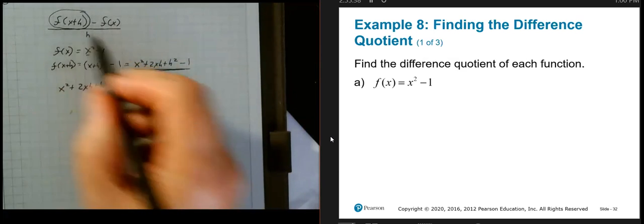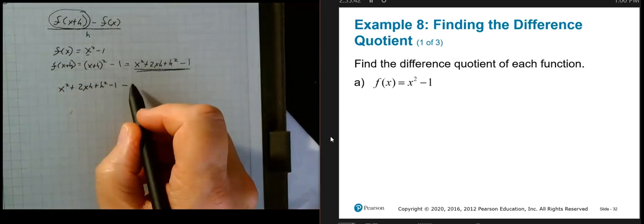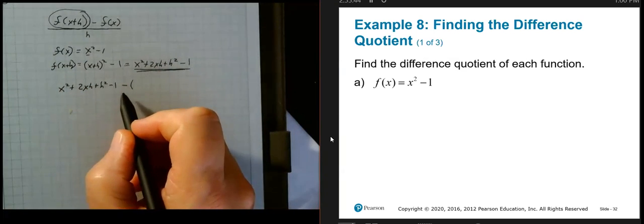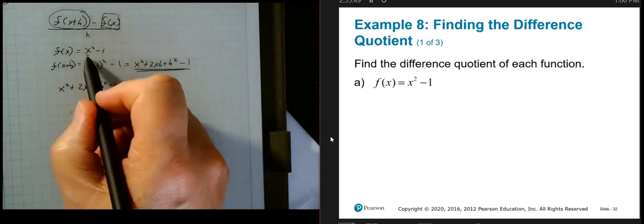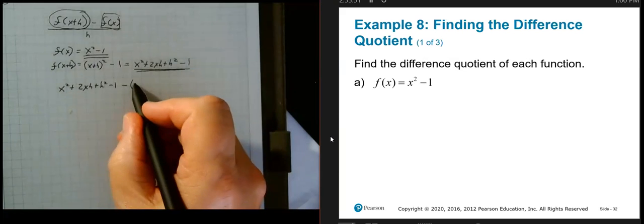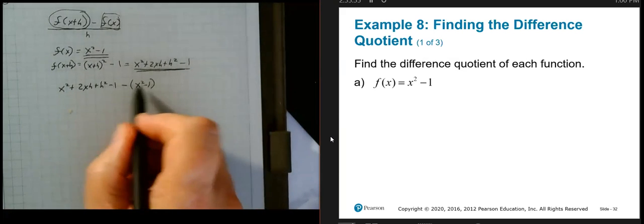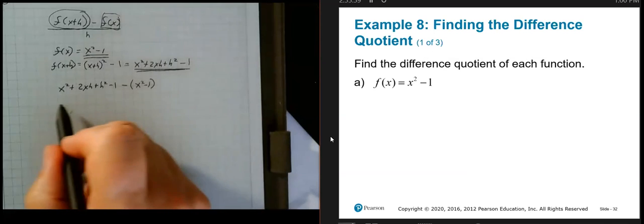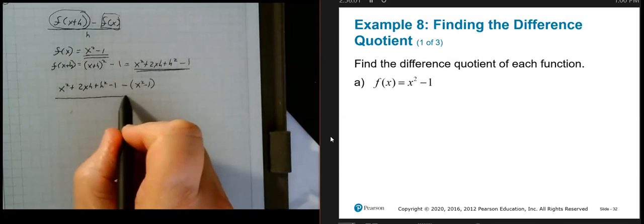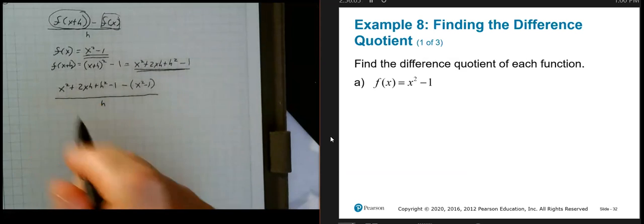All right, that's f of x plus h minus f of x. Well, I'm subtracting the entire function, so the entire function needs to be inside parentheses because I'm subtracting everything here. I'm subtracting the x squared and the minus 1. And once I simplify my numerator, I'm going to divide by h.